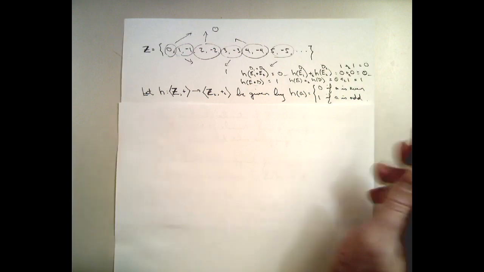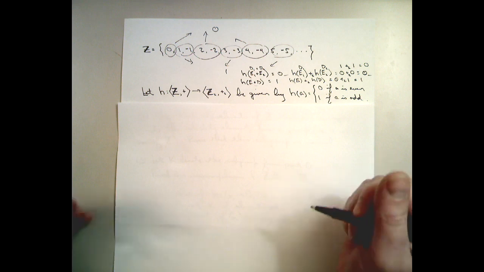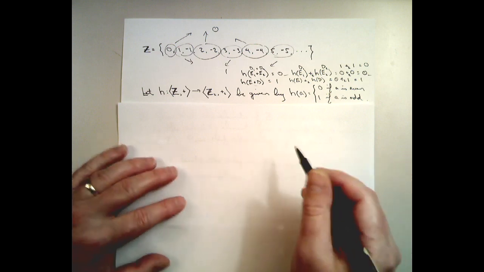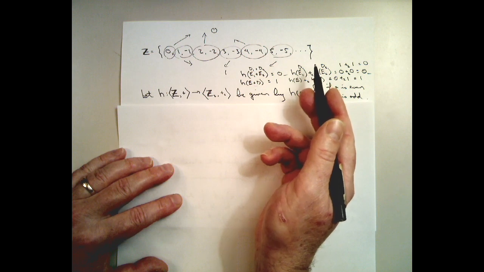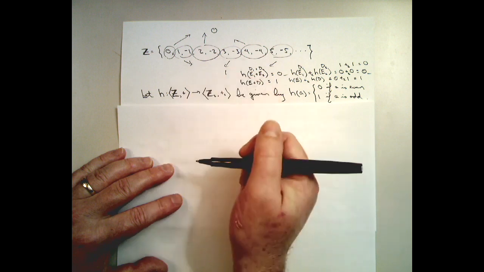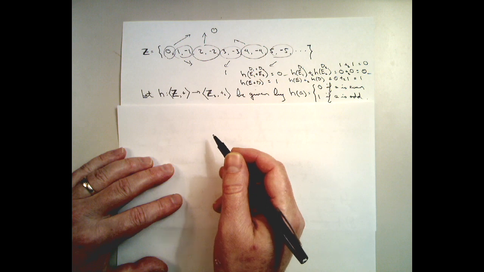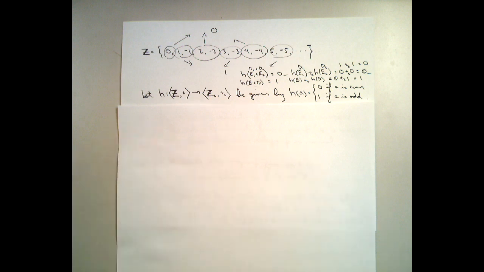Now, as I just said, homomorphisms allow us to forget some aspect of the group and focus on part of the structure that is of interest to us. And so what this particular homomorphism does is it basically forgets everything except the parity of the integer, whether it's even or odd. And it focuses on that aspect of the integers while disregarding everything else, right? So there are three different examples of homomorphisms.